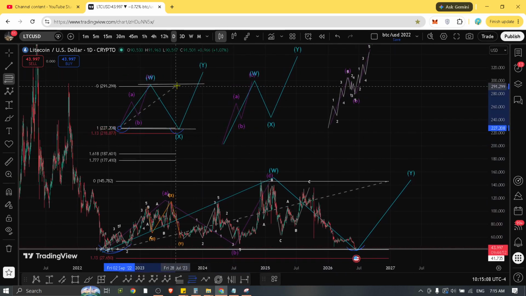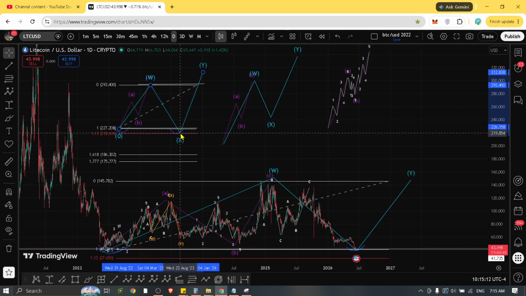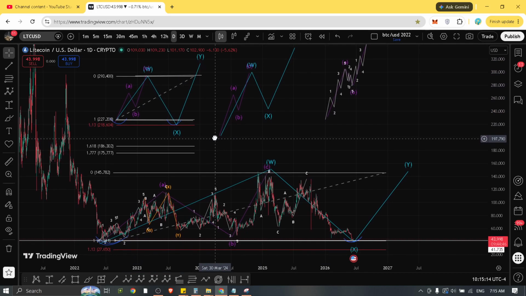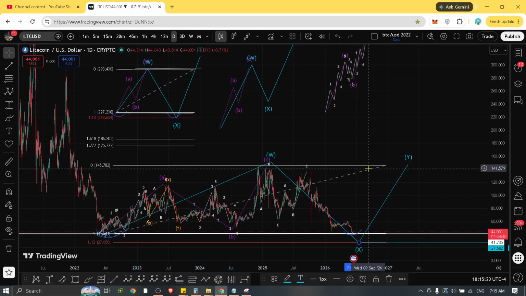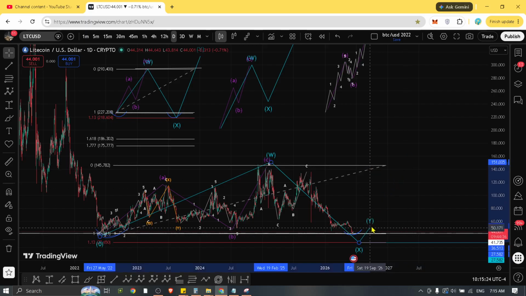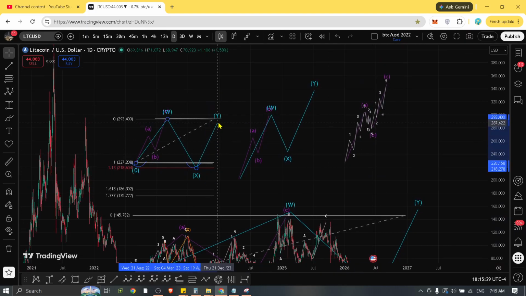So we just take this measurement. X wave would mean that it goes down towards the 1.13, which according to Litecoin's fractal would be at $27 mark. And from such level, I expect this Y move to the upside, similar to what we witnessed, or similar to what Elliott wave theory indicates.